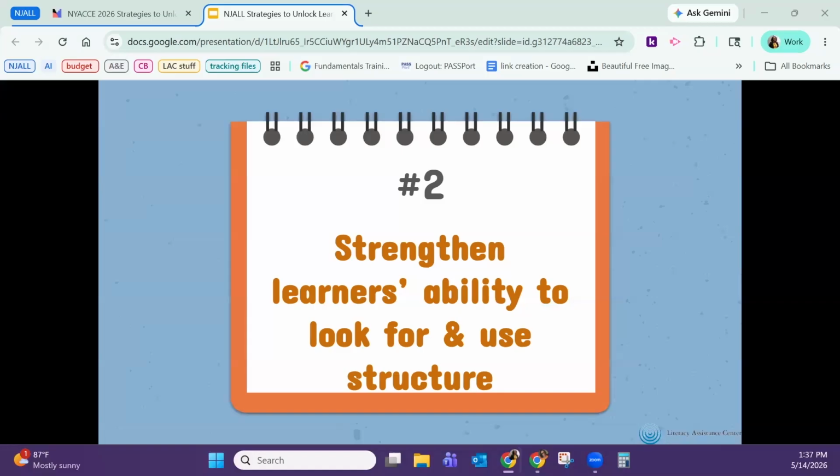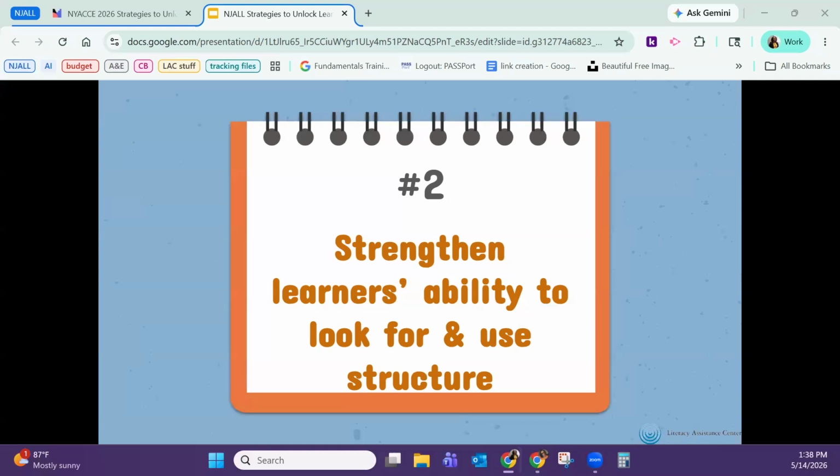Such as, if you know that 3 horizontal lines tend to be a menu, then even on a new platform you've never seen before, you expect to click that and see a menu, because you have looked for and understood structure. There's structure just like that in math.